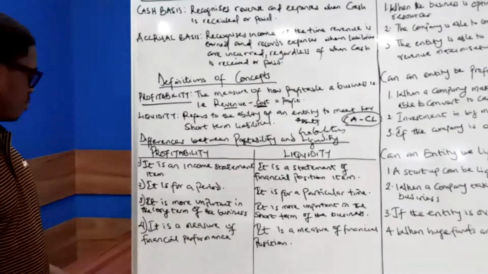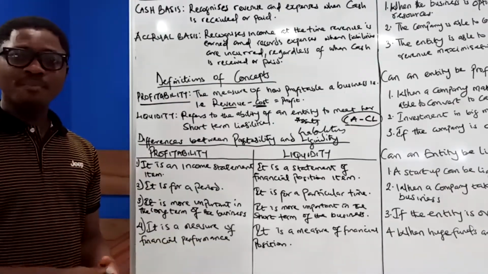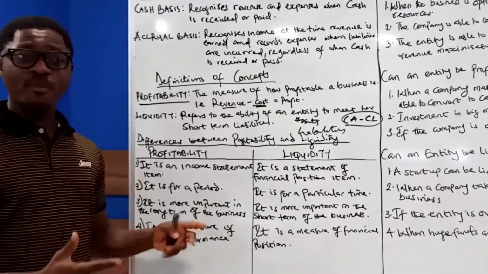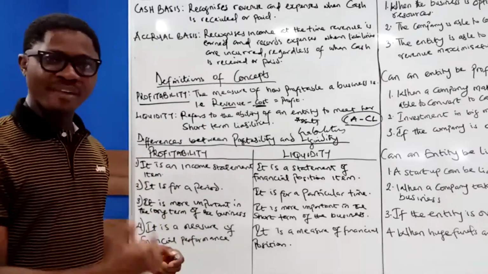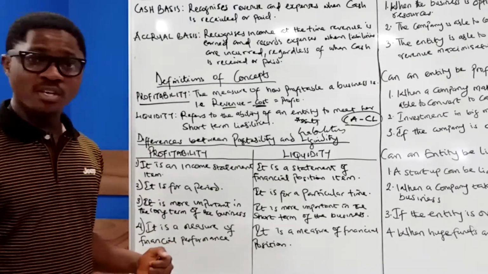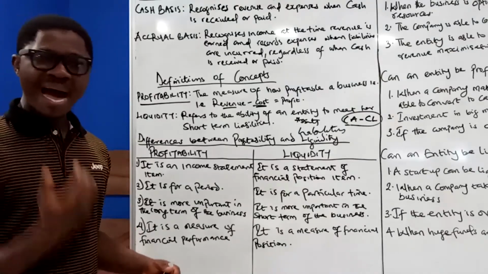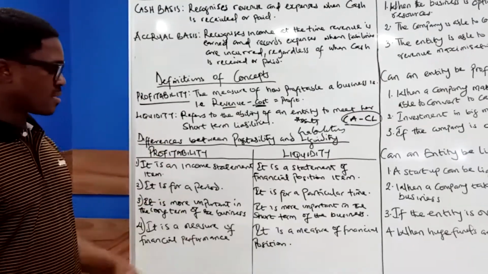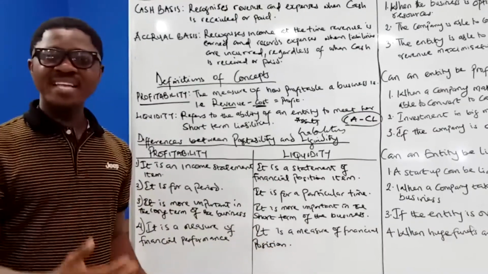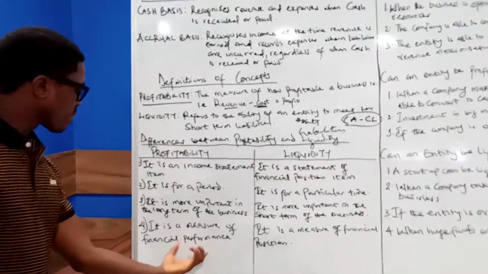Number 4, profitability is a measure of financial performance. Profitability measures the financial performance of an entity. How will the company perform? When we talk about financial performance, we are talking about the statement of profit or loss and other comprehensive income, or income statement as the case may be. We are talking about the bottom line. How is the company performing? While liquidity talks about financial position, which is as at a point in time.